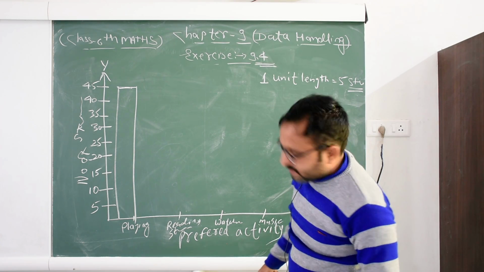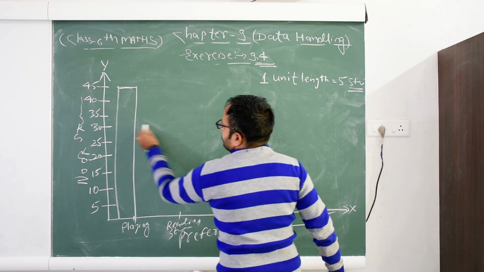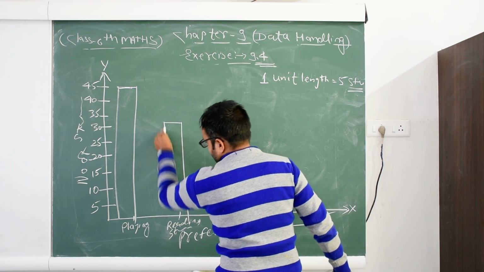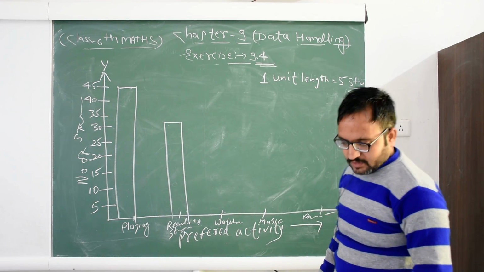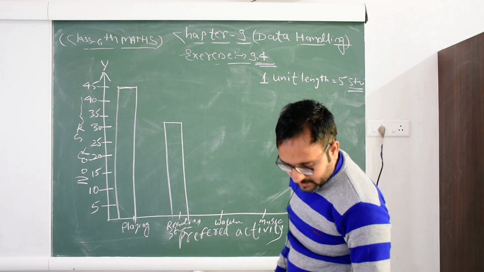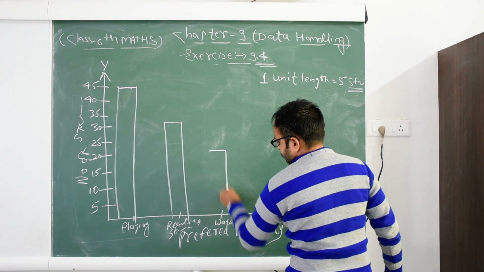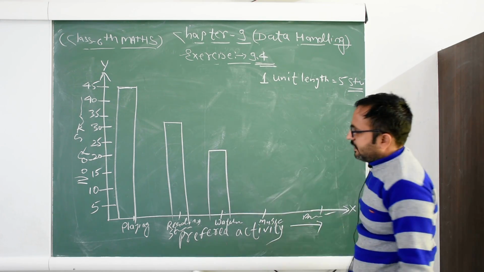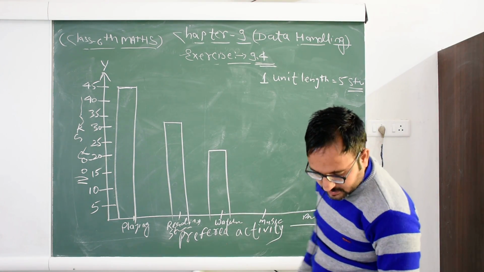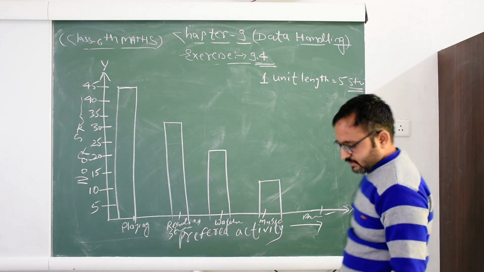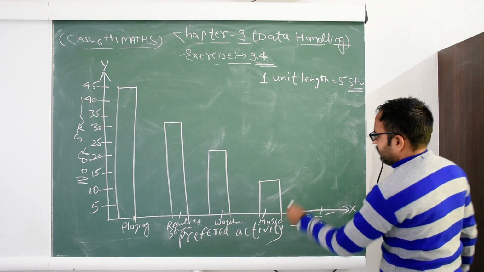Now storybook, 30. So this is your 30. Now for TV, 20. Music 10 and painting 15.